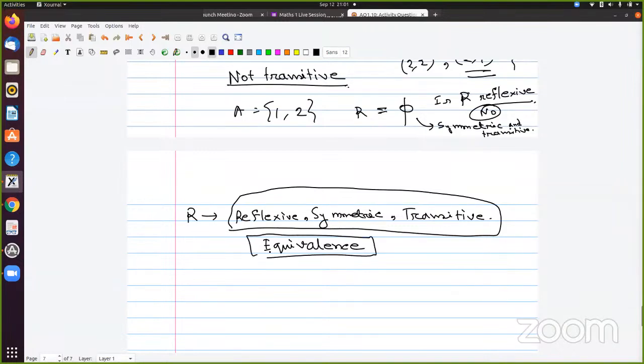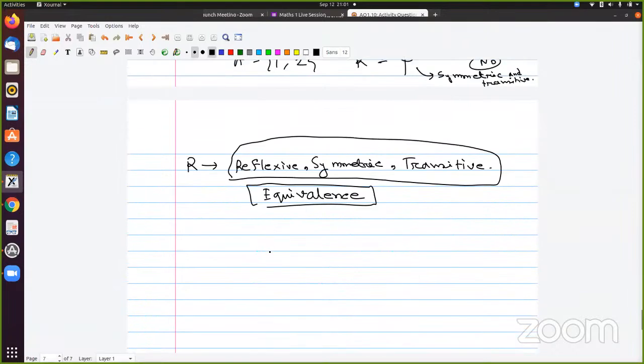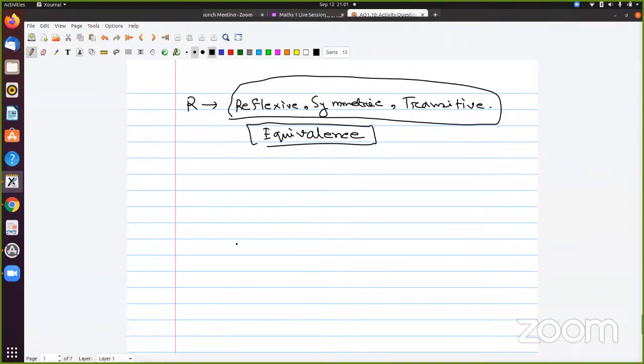For now, I am not going deeper into this relation topic. I will just move to function because that's what we need, then I will come back to this. Equivalence class is a different thing. First, you understand what an equivalence relation is, then I will come to equivalence class. I am not going to that part now. Let me go to function because that will be very much needed. Is it okay? Yes, sir.